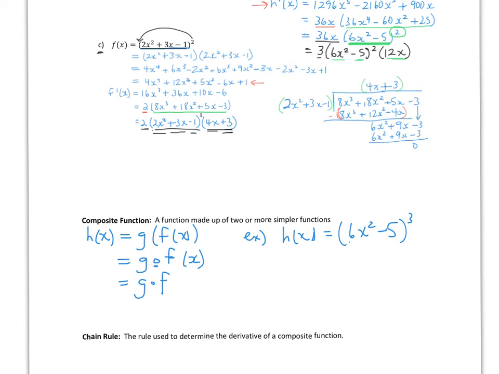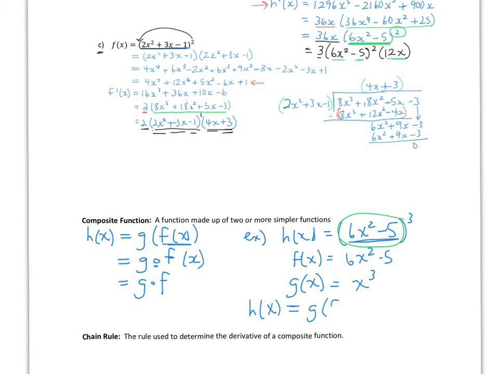Our inner function, the f of x, would be equal to the 6x squared minus 5, and my outer function would be this thing to the exponent of 3. So if we put that in terms of x, it's going to be x cubed, x to the exponent of 3. So my h of x is equal to g of f of x.